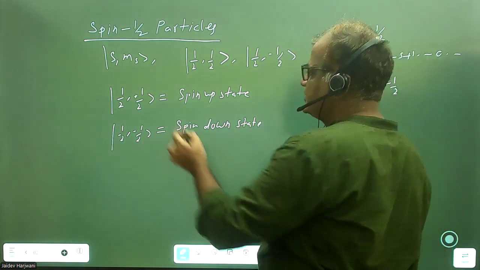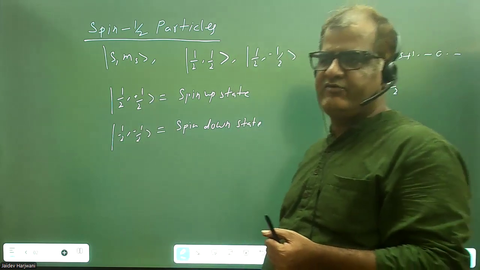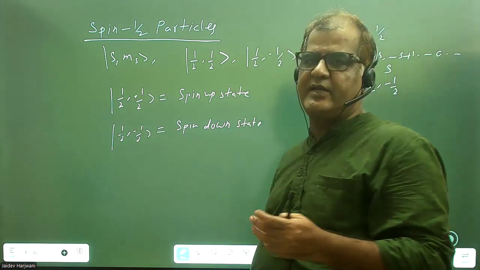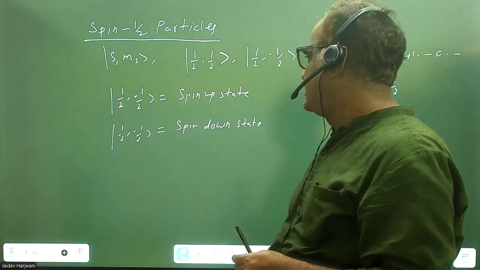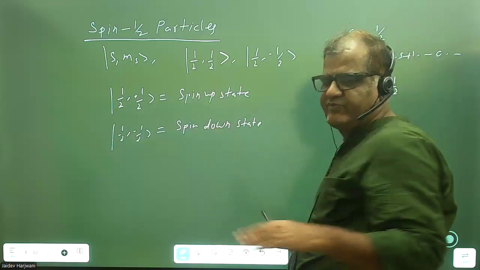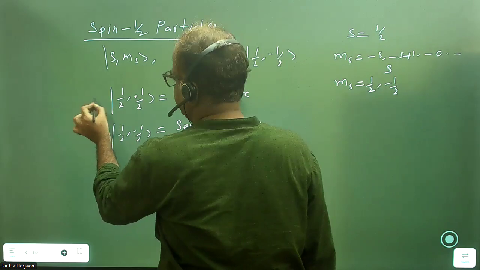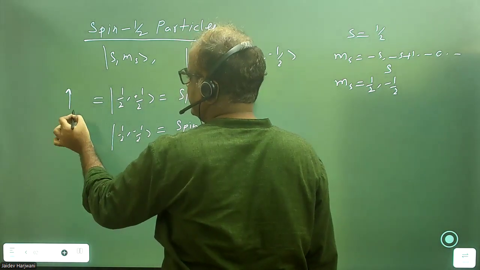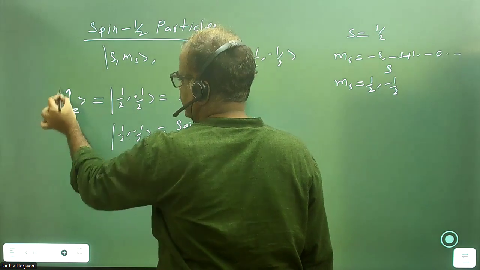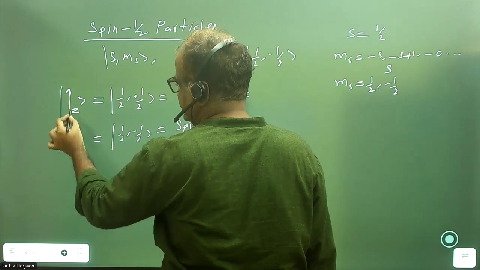Now, these states form an orthonormal basis. That means any function can be represented as a linear combination of these two states in a two-dimensional Hilbert space, because these two states form a two-dimensional Hilbert space. Because this is a spin up state, and the eigenstate of Sz, we generally represent this state by an up arrow with the Z component.